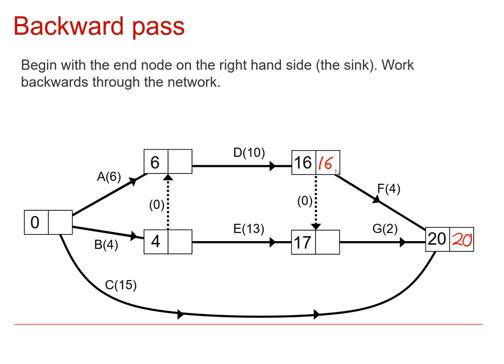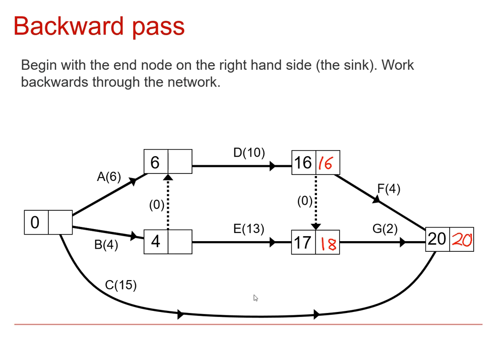Activity D would have to finish at a time of 16 in order for activity F to start and reach this latest time of 20. Here though, activity E, even though it can start as early as 17, it could actually start as late as 18 without delaying the whole project, because G only takes 2 seconds. So as long as we get to this event by 18 seconds, then we can complete by 20.